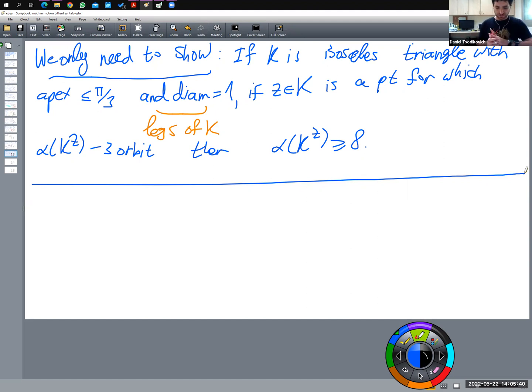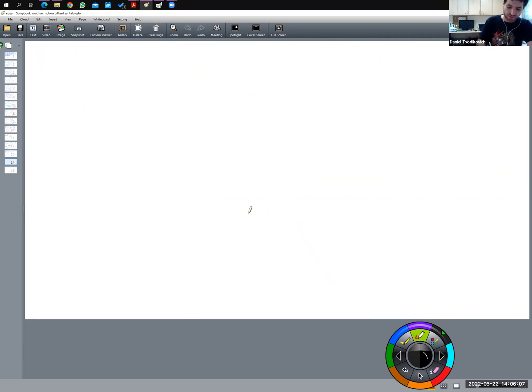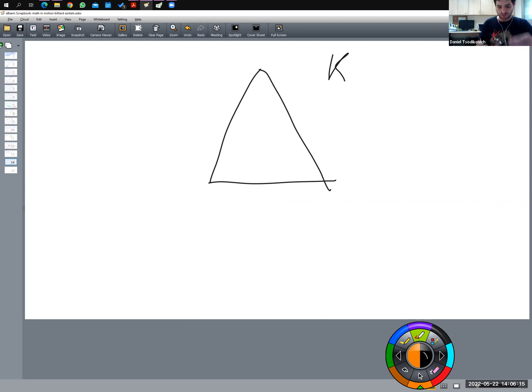So let's show this. So I have an isosceles triangle K. Maybe I'm writing a new picture because this picture is quite big. I have an isosceles triangle K. And I want the dual to be a free orbit.